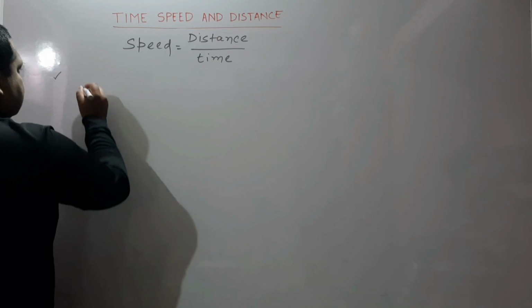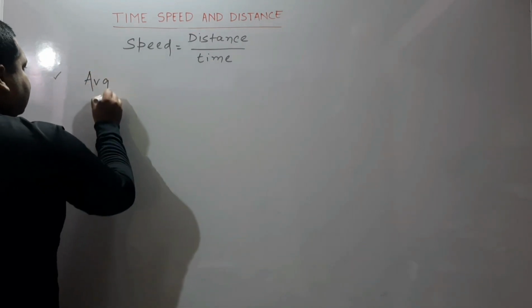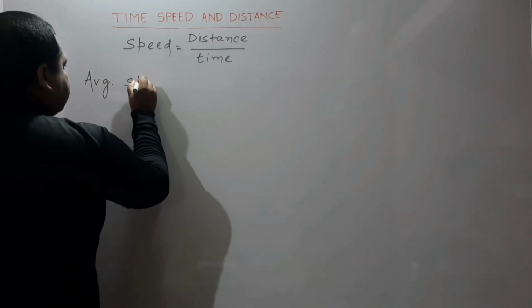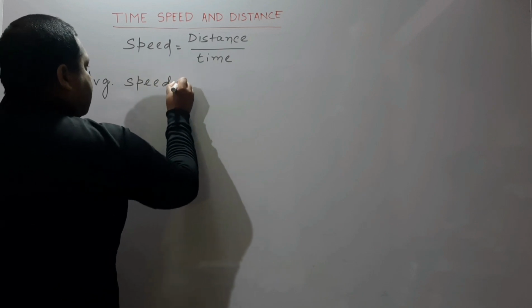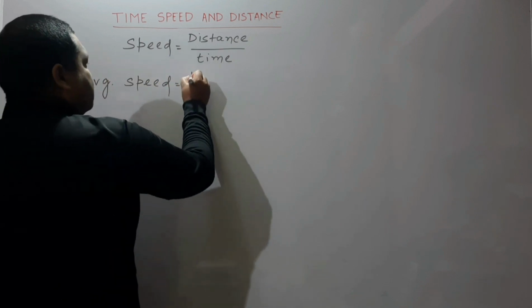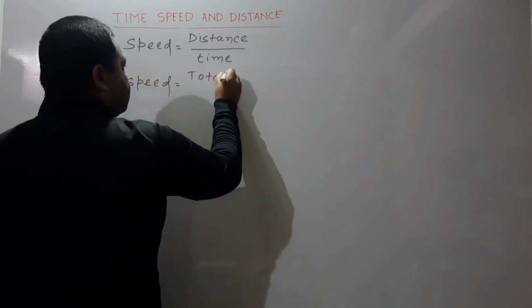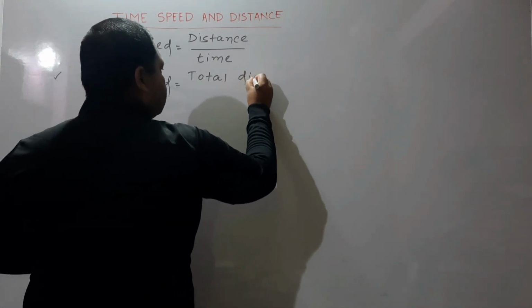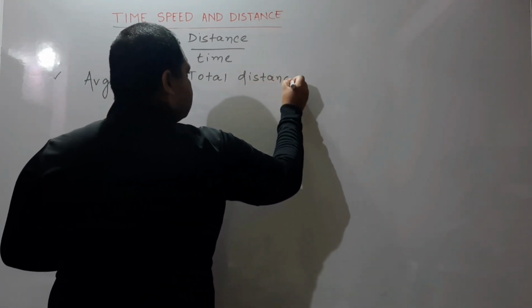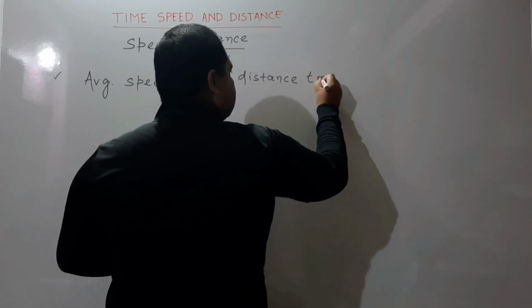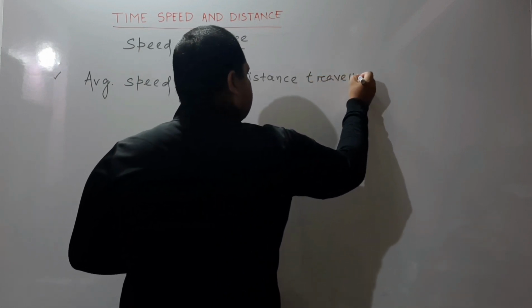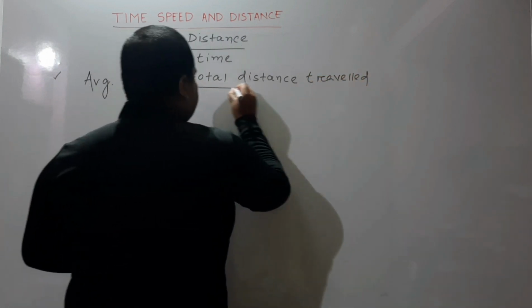So here we can define average speed as a ratio of total distance traveled divided by total time taken.